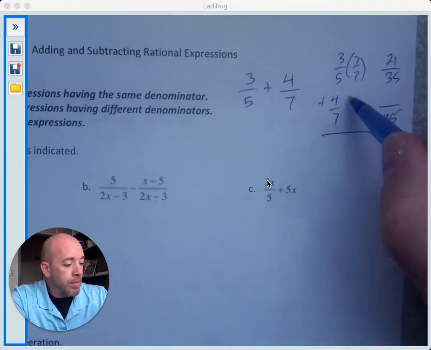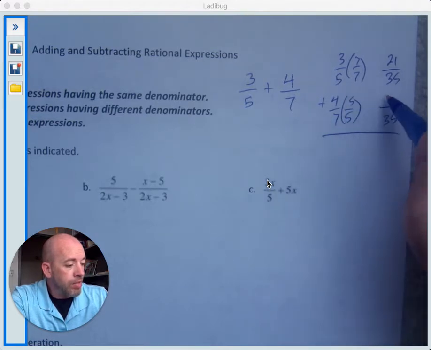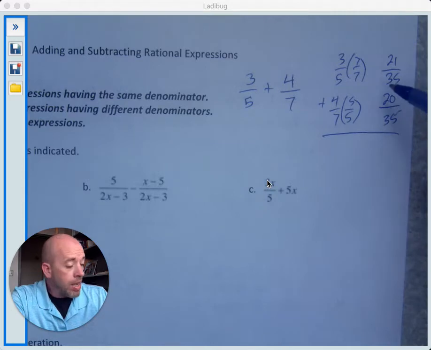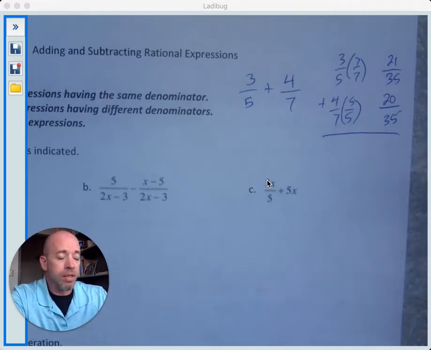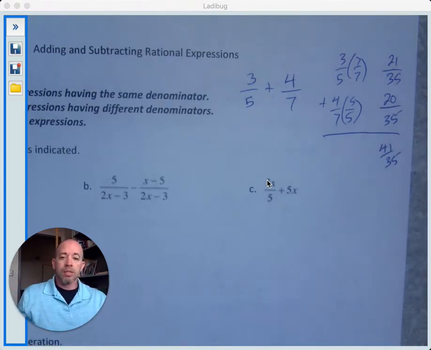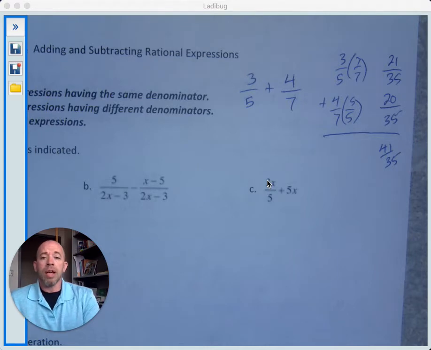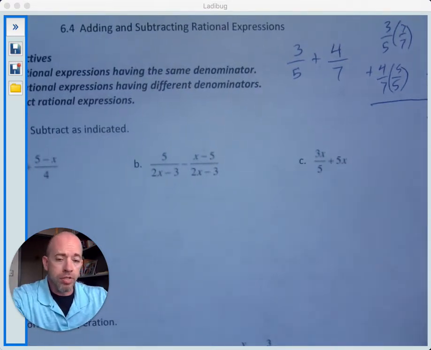Here we multiply by 5/5. That gives us 20/35. And now that they're in the same unit, we have 21/35 and 20/35. We can add them together, and that gives us 41/35. So that's what we're going to do, just with rational expressions rather than fractions that have integers on top and bottom.